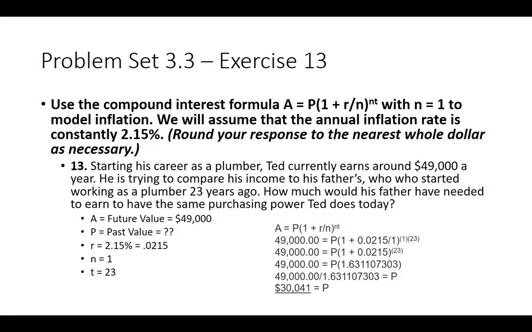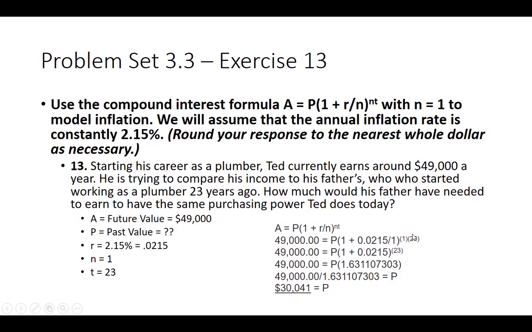And T is 23, because we're told there's a 23-year difference in these salaries. Plug in what we know. 49,000 for A, 0.0215 for R, 1 for N in both places, and 23 for T. We're solving for P.